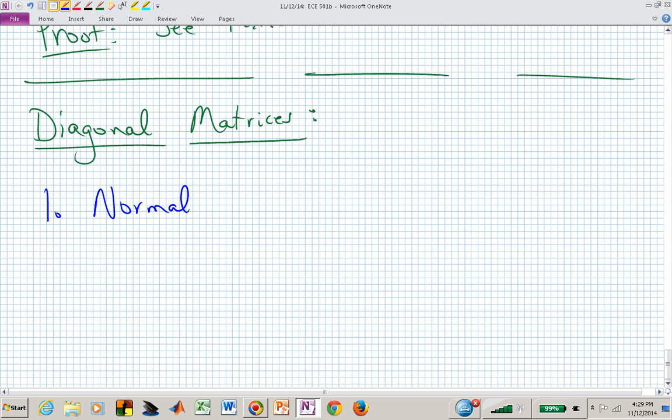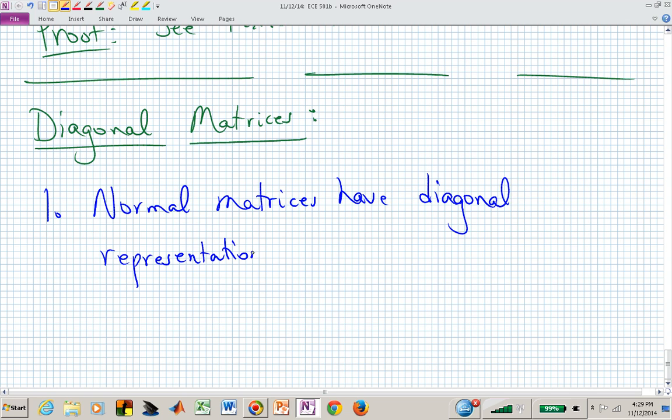One is that normal matrices have diagonal representations, or maybe I should say normal operators have diagonal matrix representations. Maybe that's what I should say.